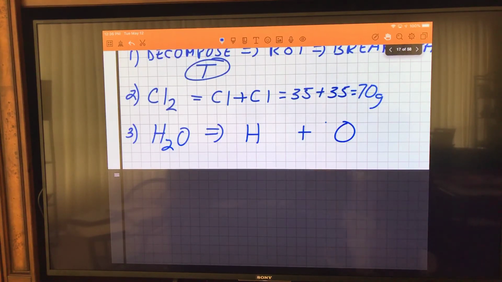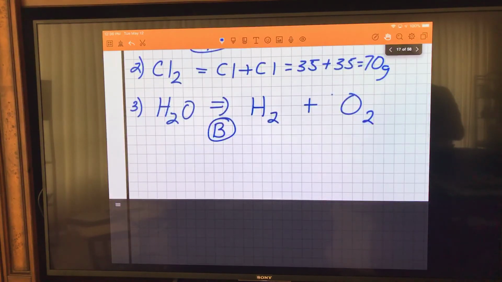Remember, step 3 in that stoichiometry process, you've got to remember the diatomics. If they're by themselves, they always got to have that little 2 behind them because hydrogen and oxygen are both diatomic. So the correct answer for that would have been answer B. H2 and O2.